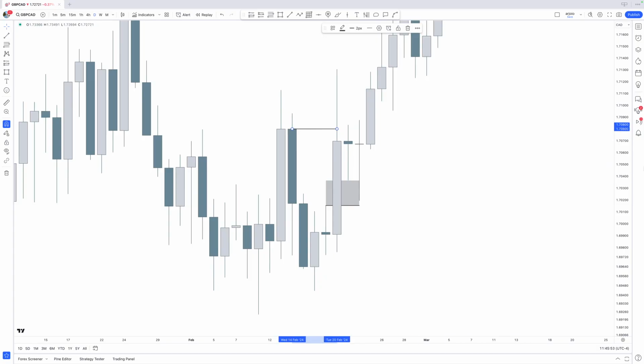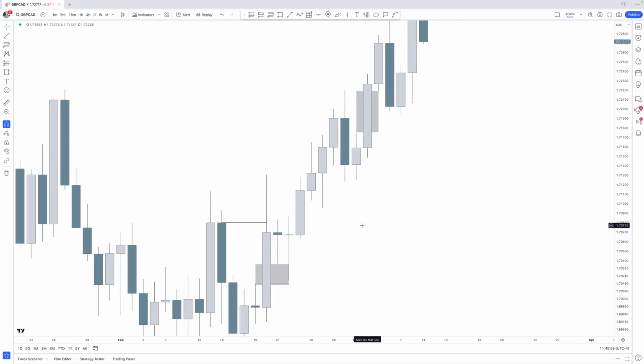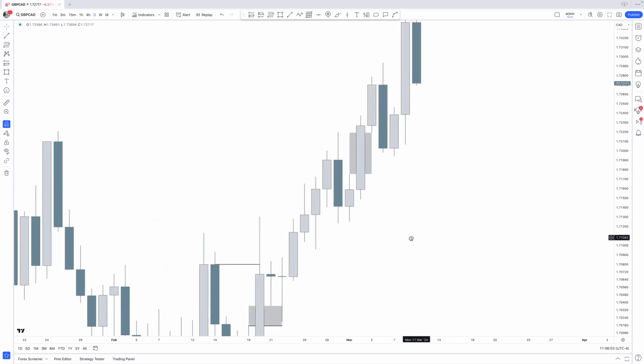Because we can see right here that this is trying to push higher, but there's a long wick at the top, etc. So since this fair value gap is not the first line of defense, there is less bullish intention than if the fair value gap, for example, like this one, would have been the first line of defense.